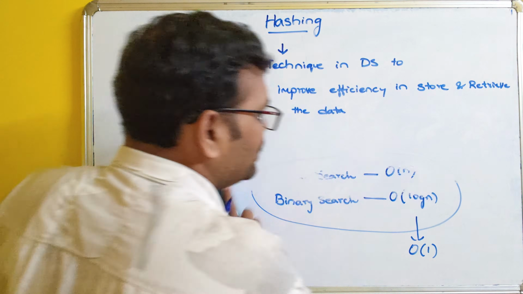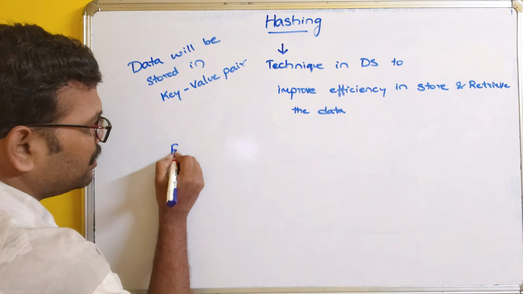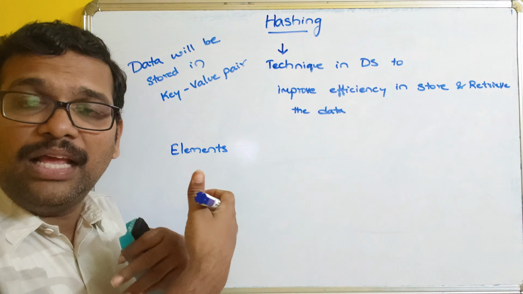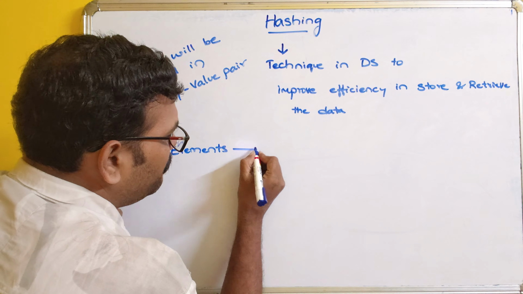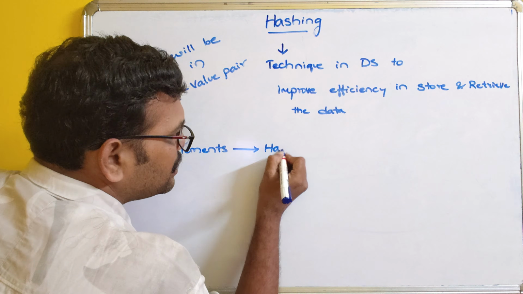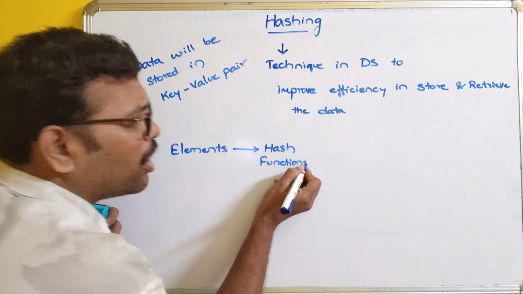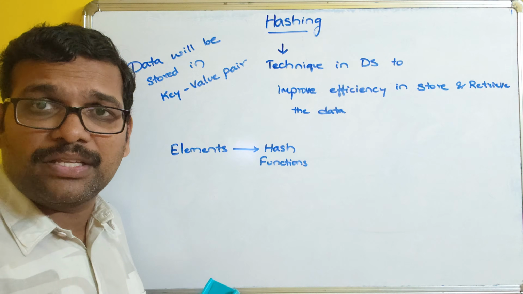Now what happens in hashing? Consider the same elements we have seen. These elements will be given to hash functions. There are a lot of hash functions, some four or five, and we'll see those hash functions in our further sessions.